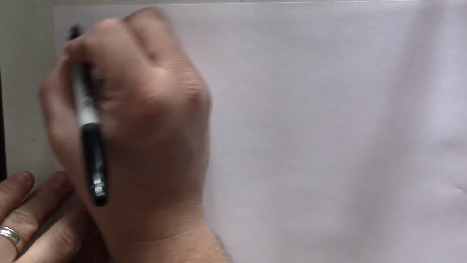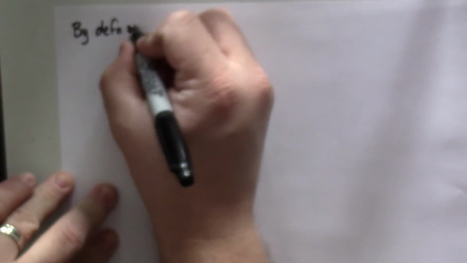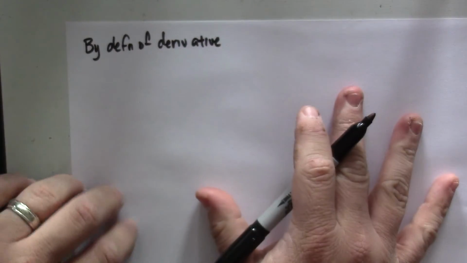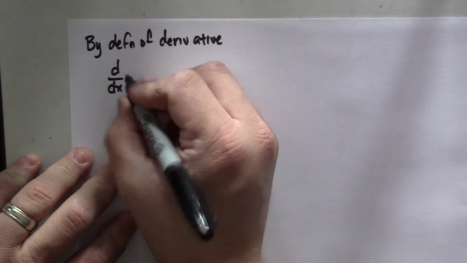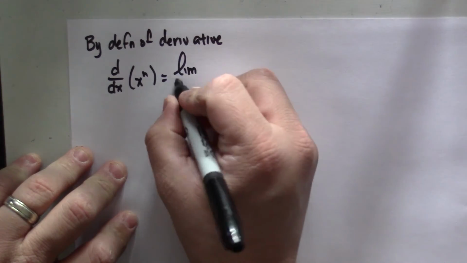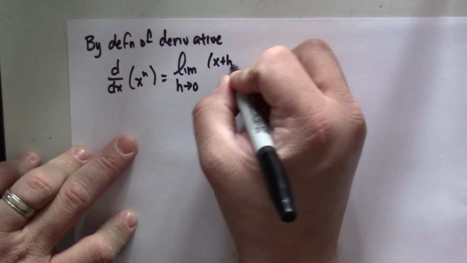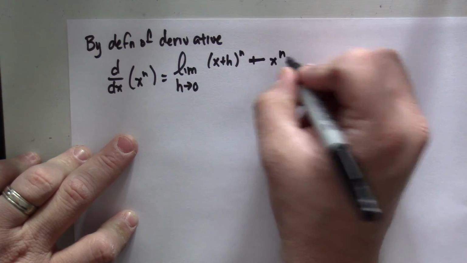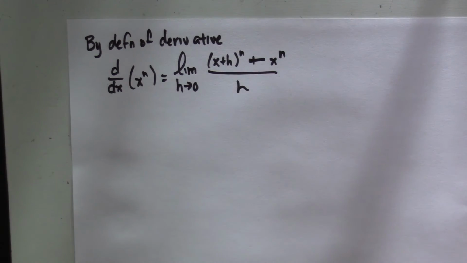So, by the definition of the derivative, the derivative with respect to x of x to the n is the limit as h goes to 0 of x plus h to the n minus x to the n, all of that over h.